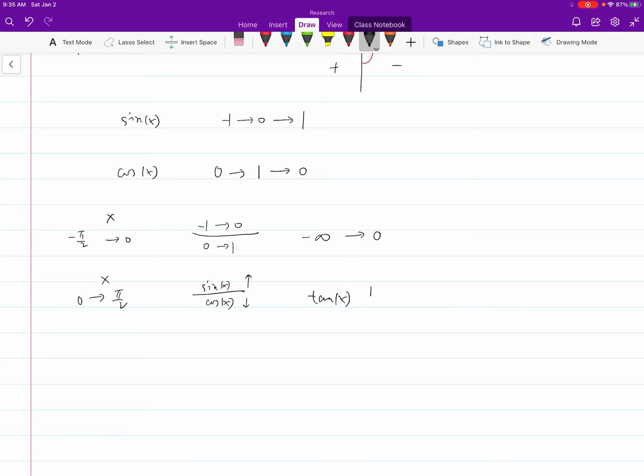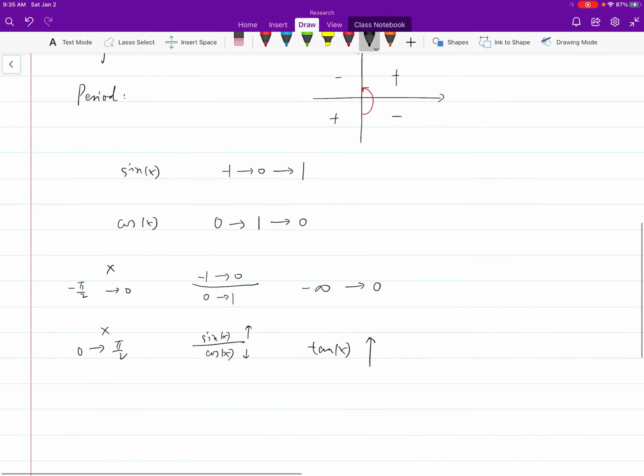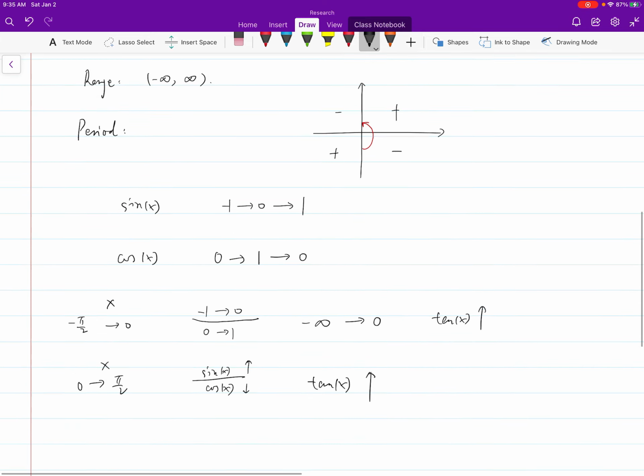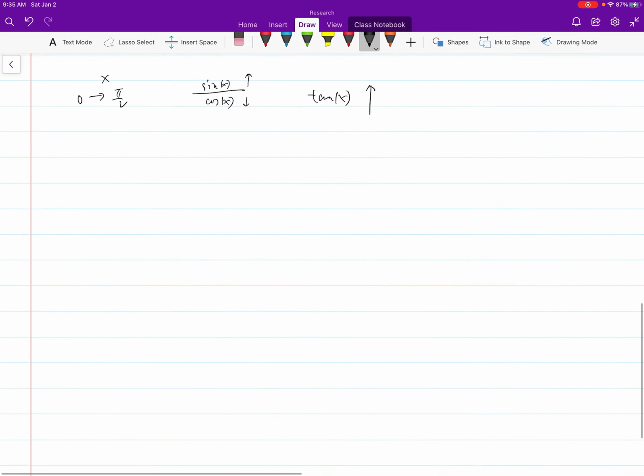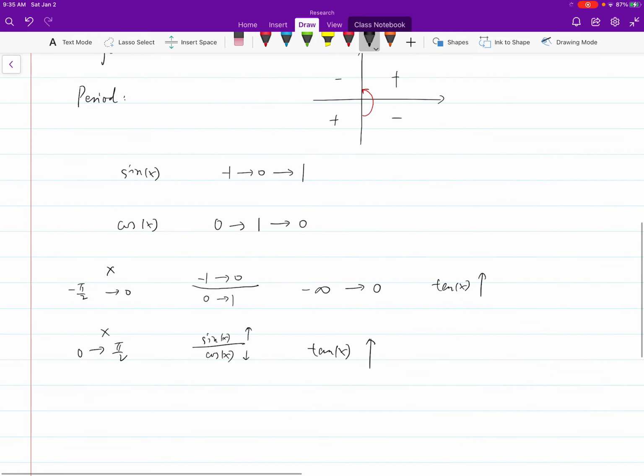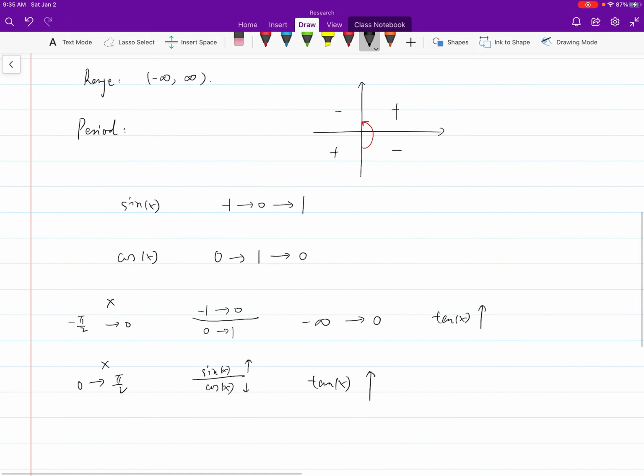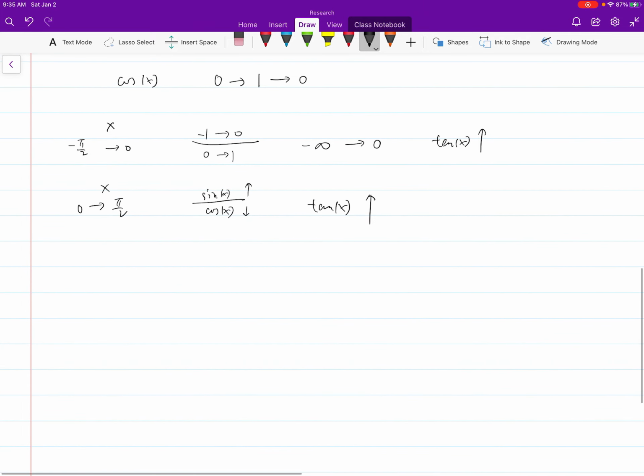So you have a fraction where the top is becoming bigger and the bottom is becoming smaller. So in total, this one becomes bigger, it just keeps increasing. So your tangent x is also increasing. That's everything we know about the graph, the first part, going from negative pi over 2 to pi over 2.